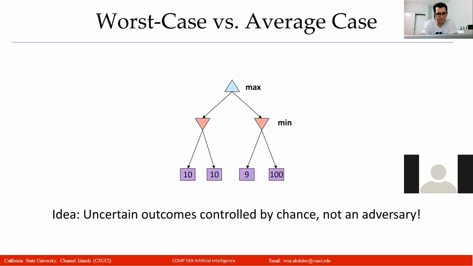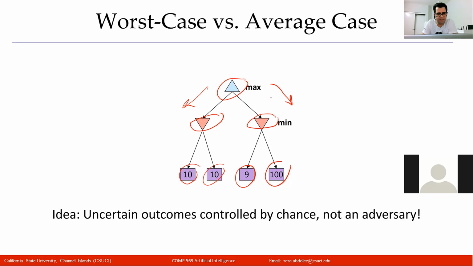For example, for this simple game, we have two options here and two options over here. We are the maximizing player, and then the minimizing player has a choice to make. Based on the move that the minimizer makes, we then choose our path to either go to the left or to the right.